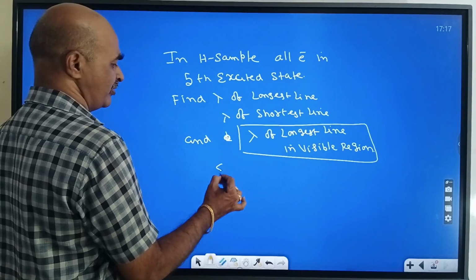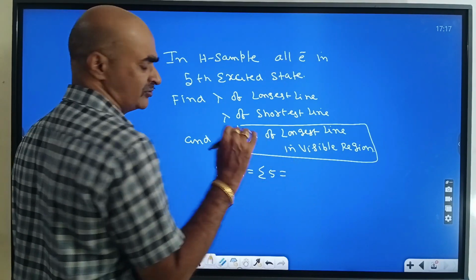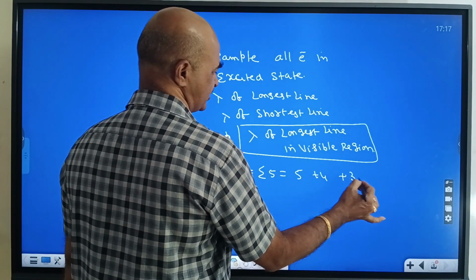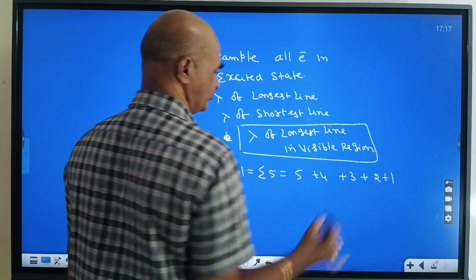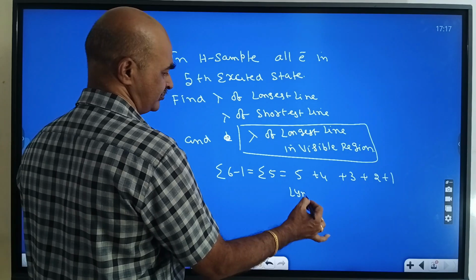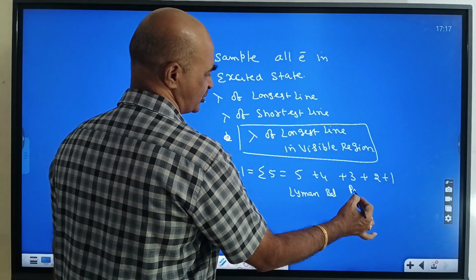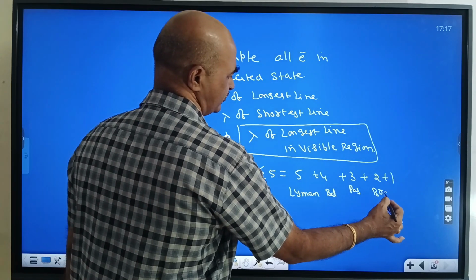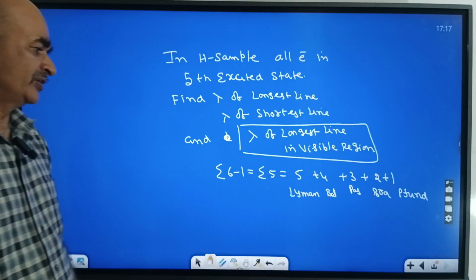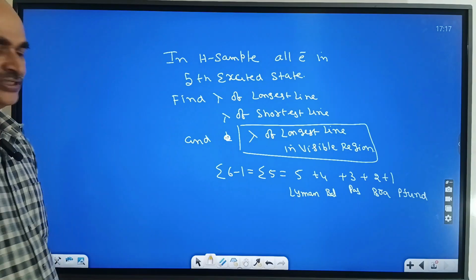Therefore, sigma 6 minus 1 is equal to sigma 5, which is 5 plus 4 plus 3 plus 2 plus 1. Here there are 5 lines in the Lyman series, then Balmer, Paschen, Brackett, and Pfund series.